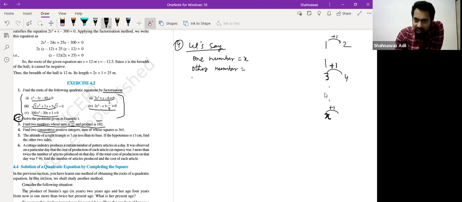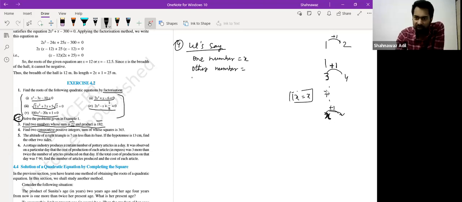If I say one number is 1x, then 1x would be x, right? 1 into x is x. So if one number is x, what is the next number?